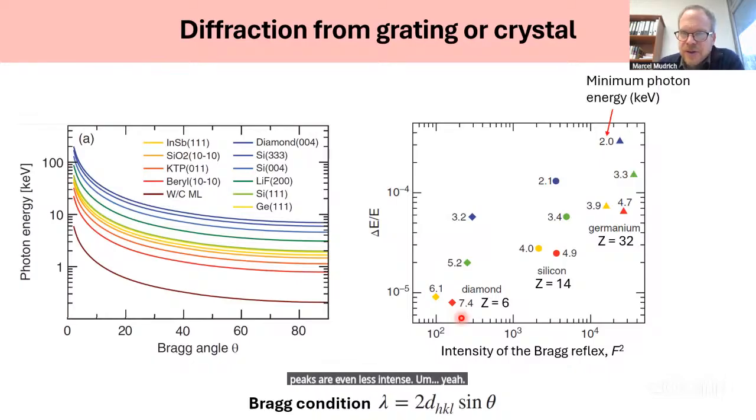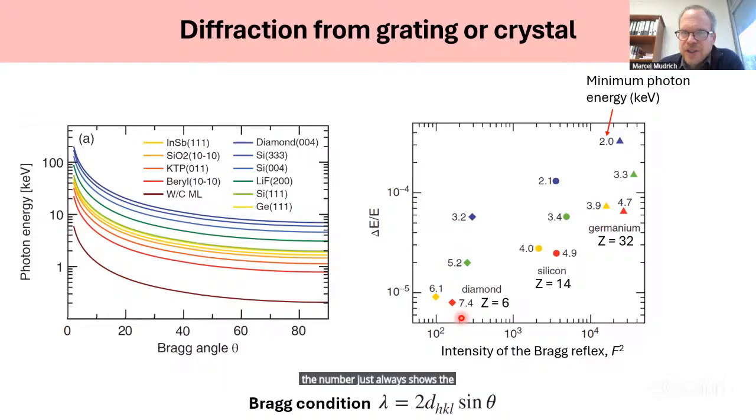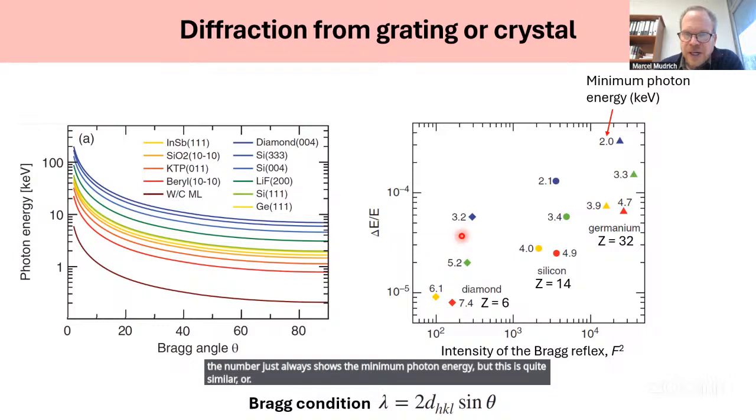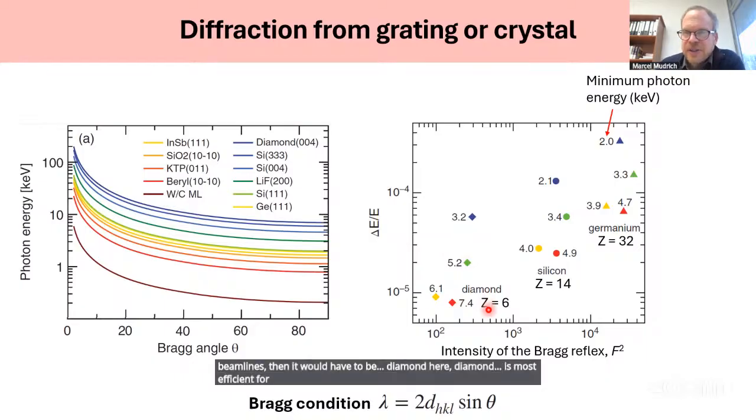This shows the minimum. The number just always shows the minimum photon energy, but this is quite similar. Or if we want to go to the highest hard X-ray beamlines, then it would have to be diamond here. Diamond is most efficient in the hard X-ray range.